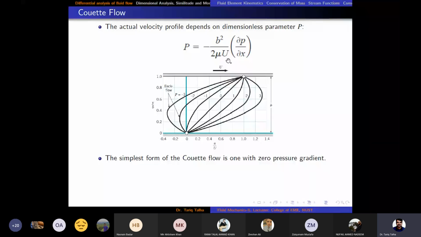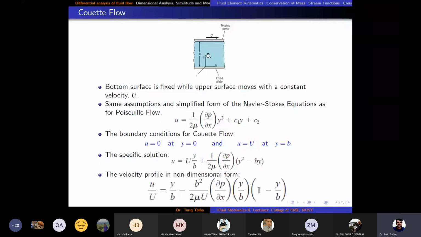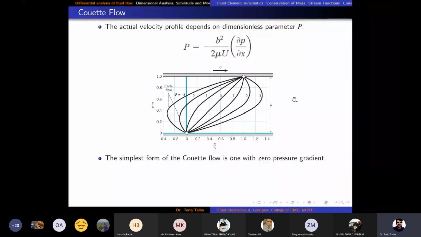So if that value is negative, here p, if it is -3, what does it mean? If it is minus here, then here it would be positive, and then it would be a kind of flow where we have got pressure increase in this direction. But if p value is positive, like 3, it means that there is a pressure drop. When there is a pressure drop, the velocity in the center would be higher.